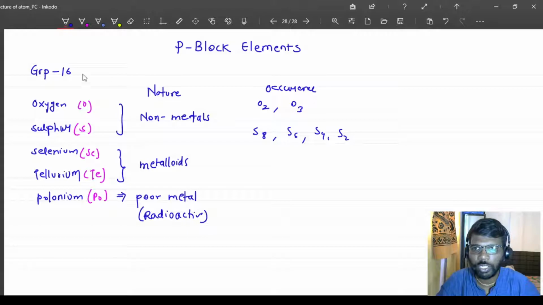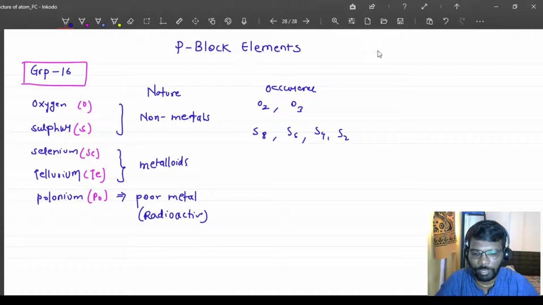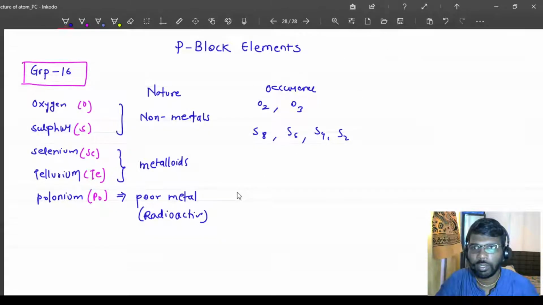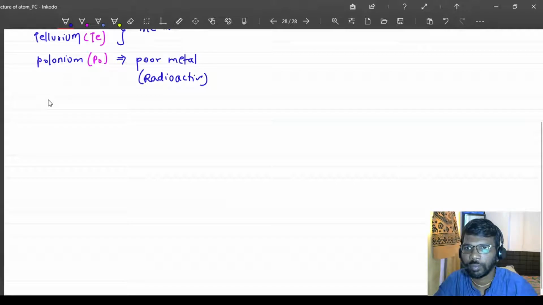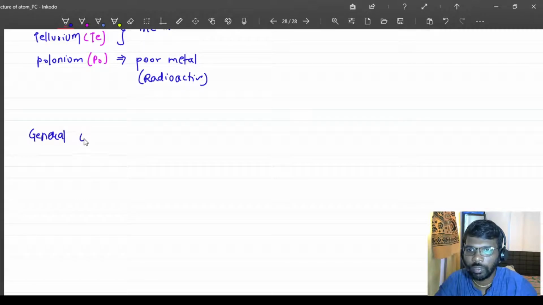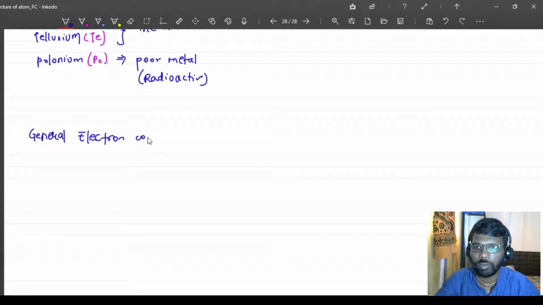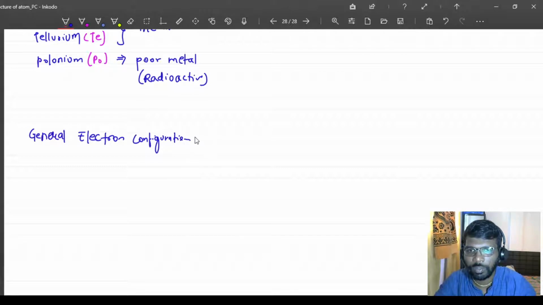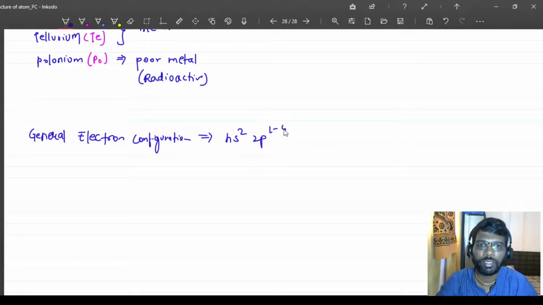Now, coming to the general electronic configuration of the group 16 elements. The general electronic configuration is ns2 np4.